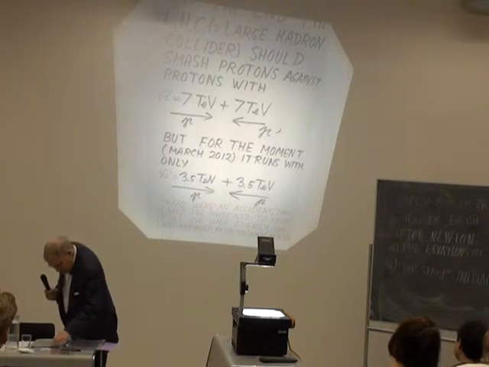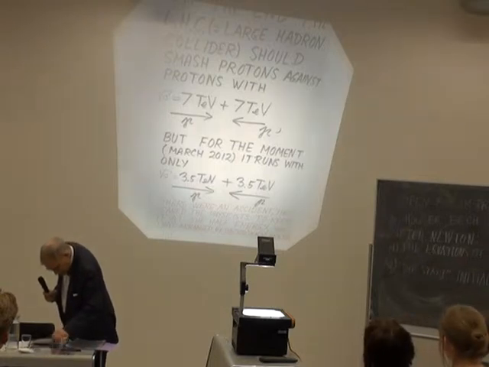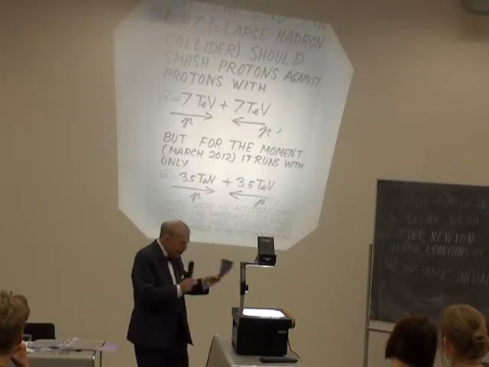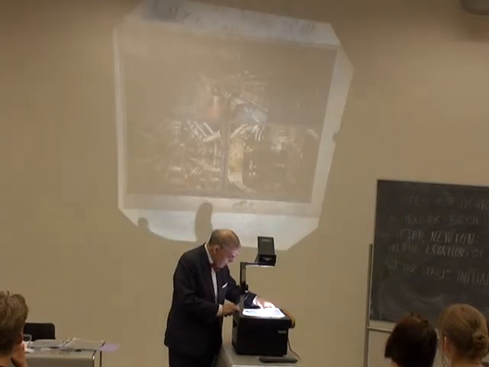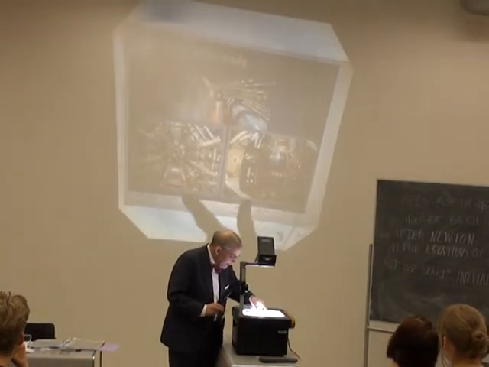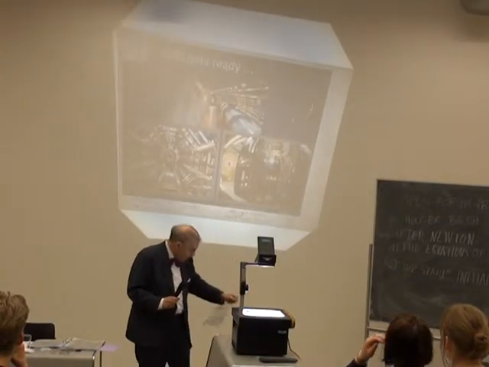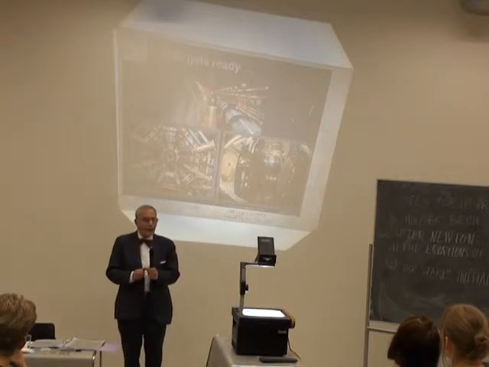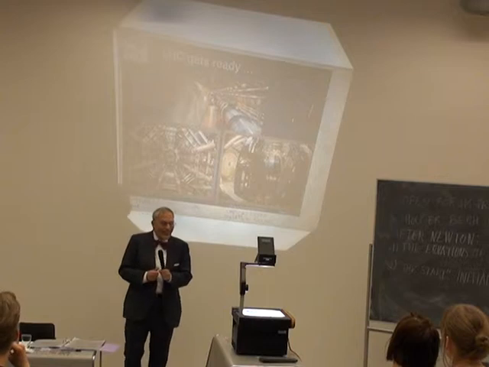And I can also show a little picture from there. It is put under the earth, and actually I once couldn't answer the question of why they were putting this machine under the earth.